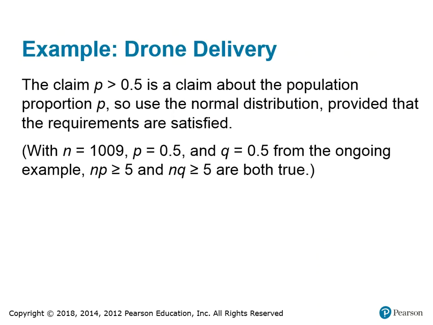So if we check our requirements, we had 1,009 and our p is 0.5 and our q is 0.5. If we multiply 1,009 by 0.5, well, half of 1,009 is 504.5. So in both cases, we are definitely greater than or equal to 5, so that requirement is met.